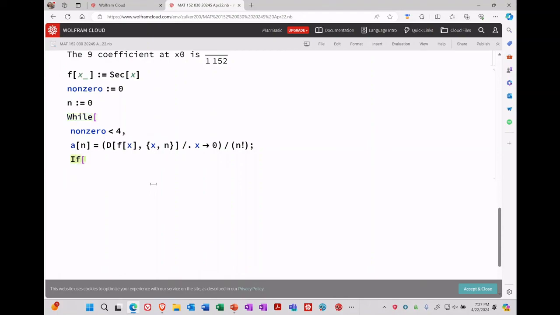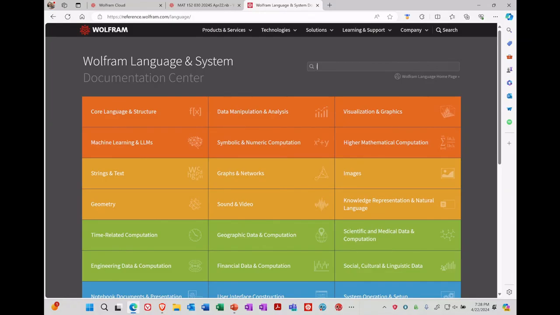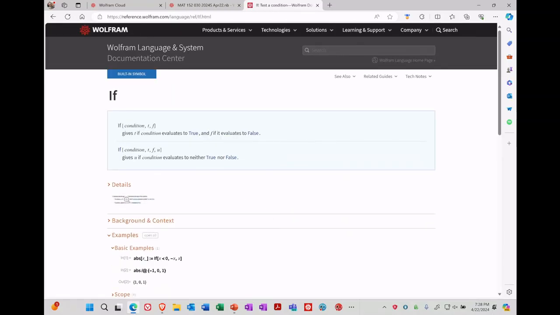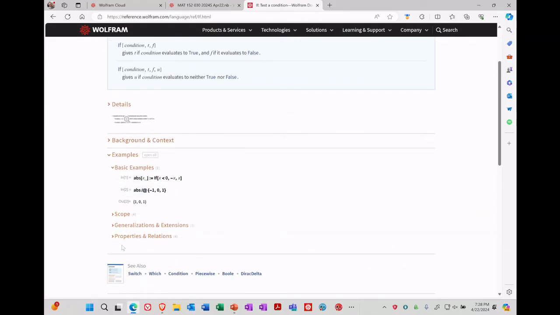I'm going to use an if. And this is where I don't remember. Documentation. If. Can I do multiple?